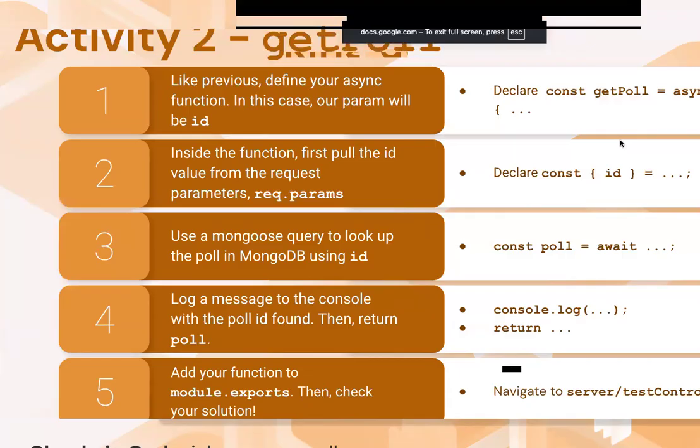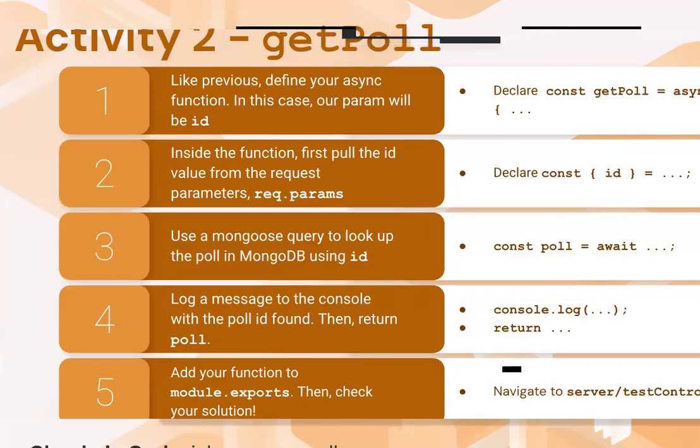The getPoll function will be a little similar to the last one. First, you're going to declare your async function again, but this time it's different. There's actually a parameter for the function, because if you think about it, if you want to get a poll, you need the ID.